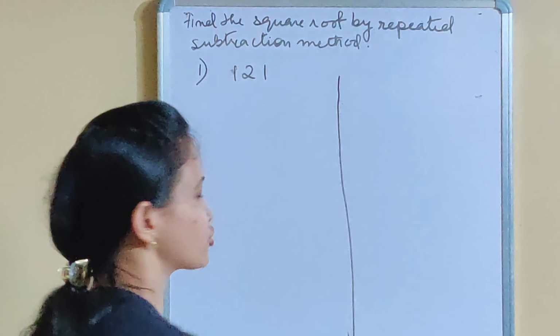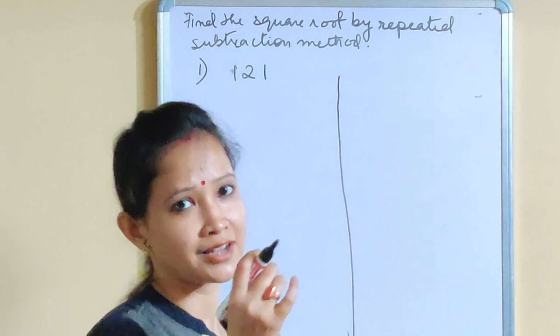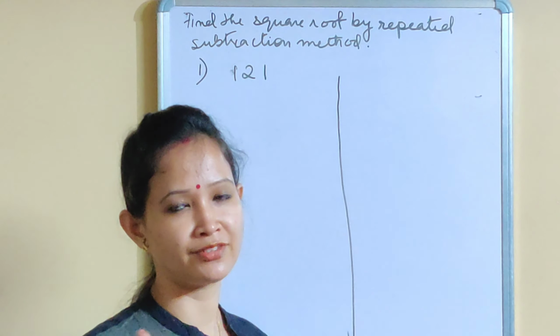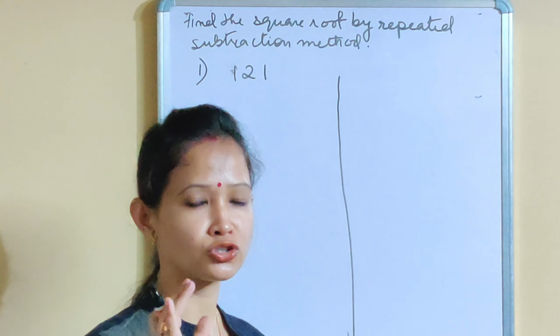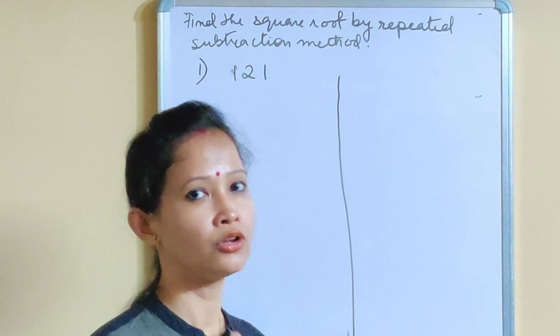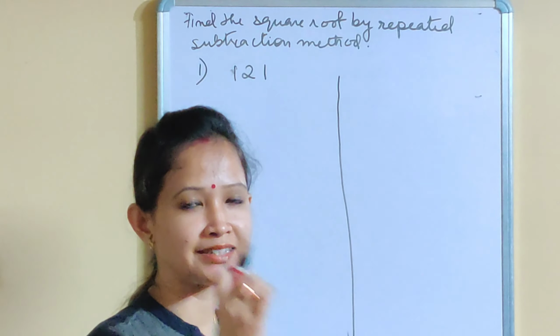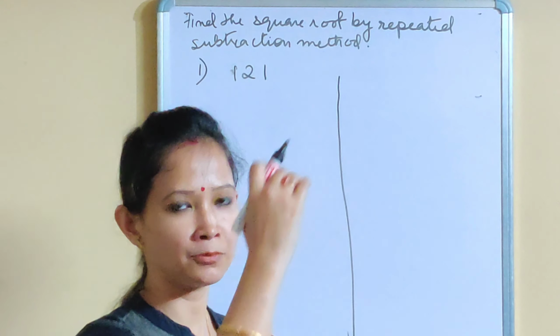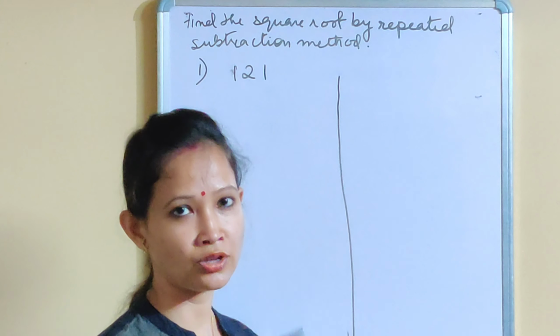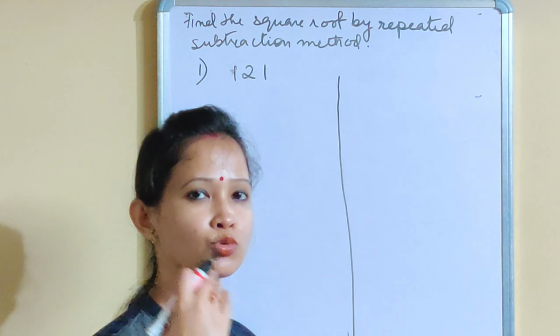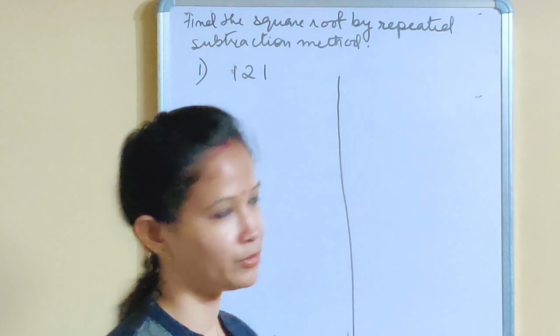So in repeated subtraction method, what we do is that we start from consecutive odd integers, that is 1, 3, 5, 7. Then we'll stop the repetition of subtraction when the answer comes out to be 0, and we'll see at which step the answer comes out to be 0. That many steps will become the square root of that particular number.